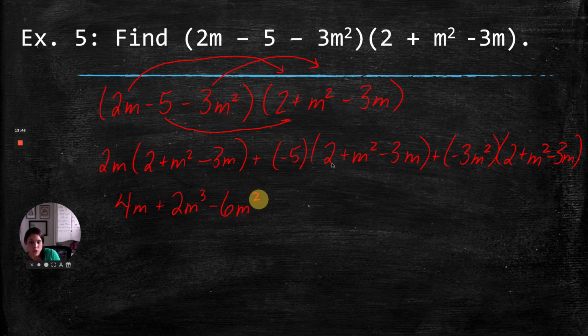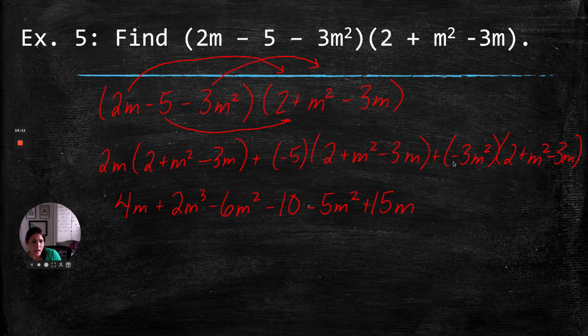Now negative 5 times positive 2 is negative 10. Negative 5 times m squared is negative 5m squared. Negative 5 times negative 3 is positive, double check myself, negative times a negative is a positive 15m.